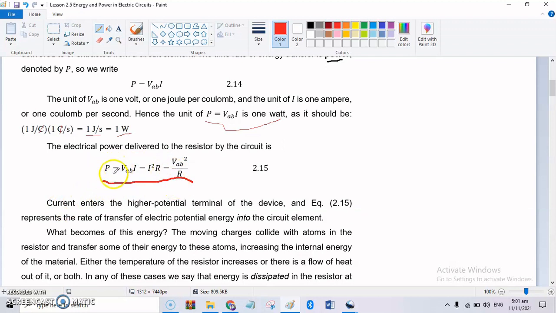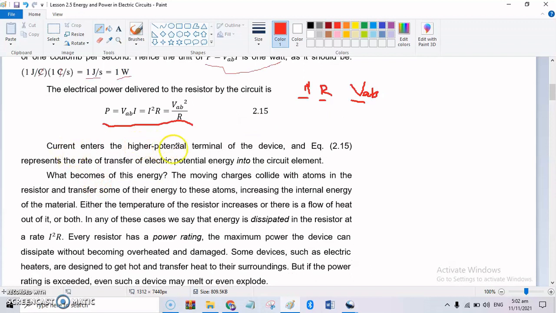So power, again, is equal to voltage AB times the current, equals I squared R, equals VAB squared over R. Why are there three? It's either in the problem only the current is given, or R is given, or VAB is given. With any of the three variables given in a problem, we can compute the power.